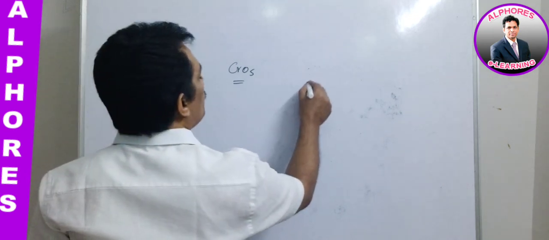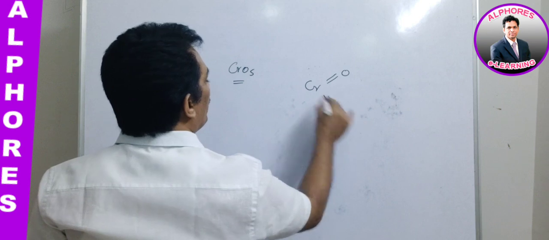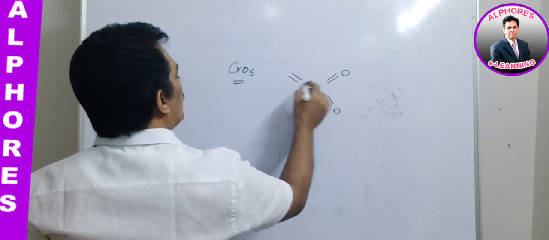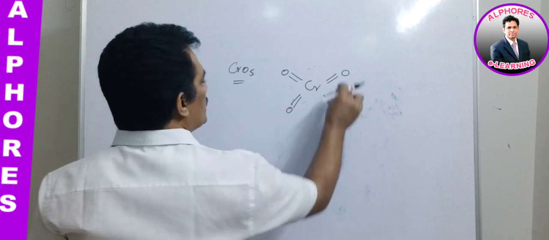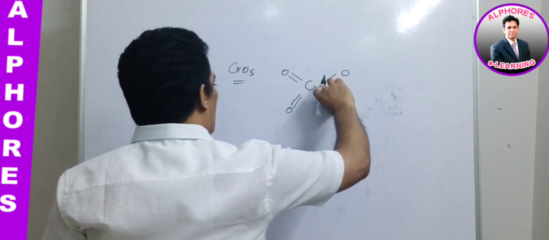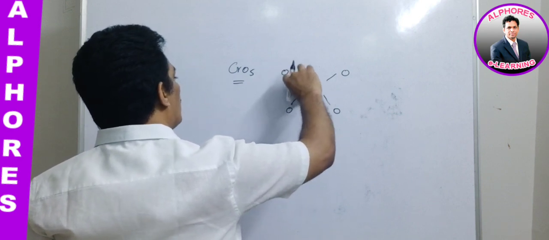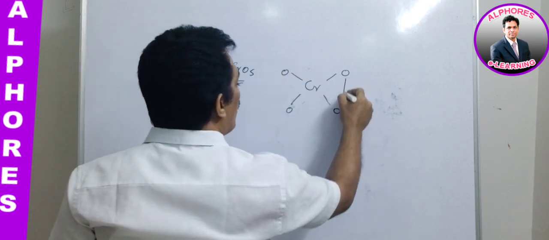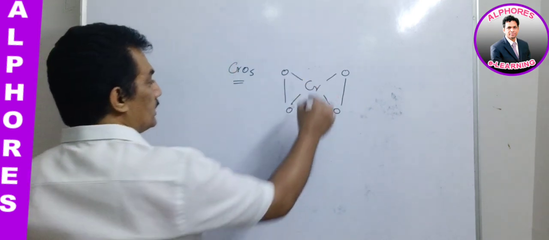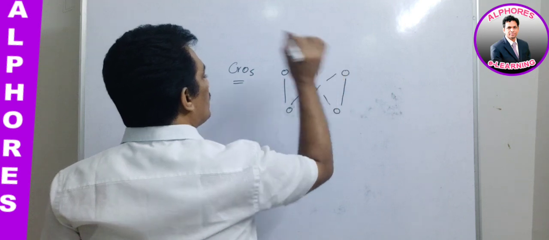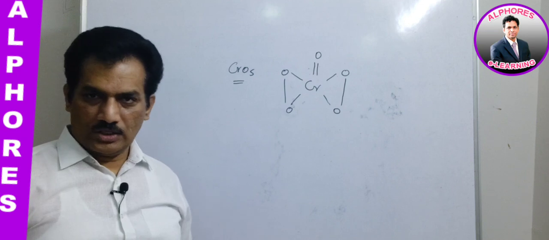Here chromium has 4 oxygen atoms like this. Actually, these 4 oxygen atoms do not have double bonds with chromium. They have one bond among these oxygens like this, and one more oxygen itself has a double bond with chromium. That's why it is known as the compound with butterfly-like structure.